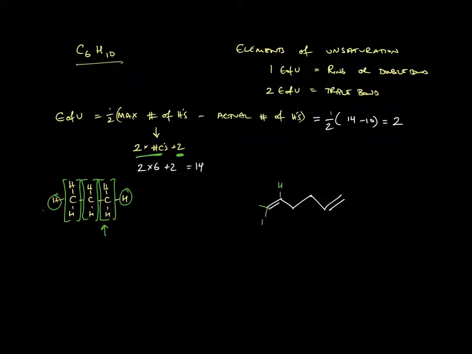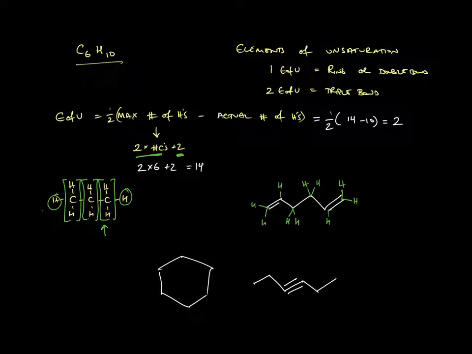1, 2, 3, 4, 5, 6, 7, 8, 9, 10. And so as it turns out, any way you draw this, with 6 carbons and 2 elements of unsaturation.